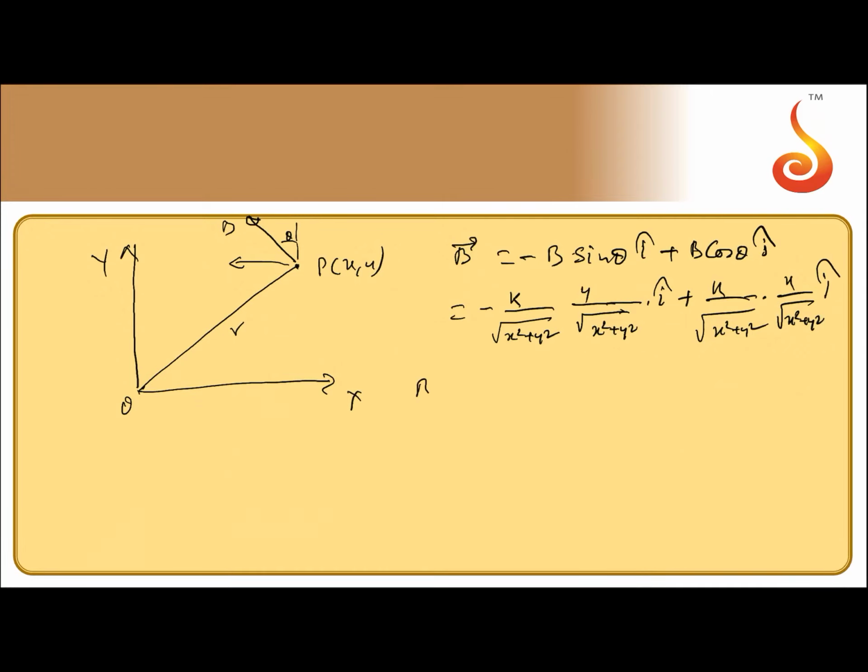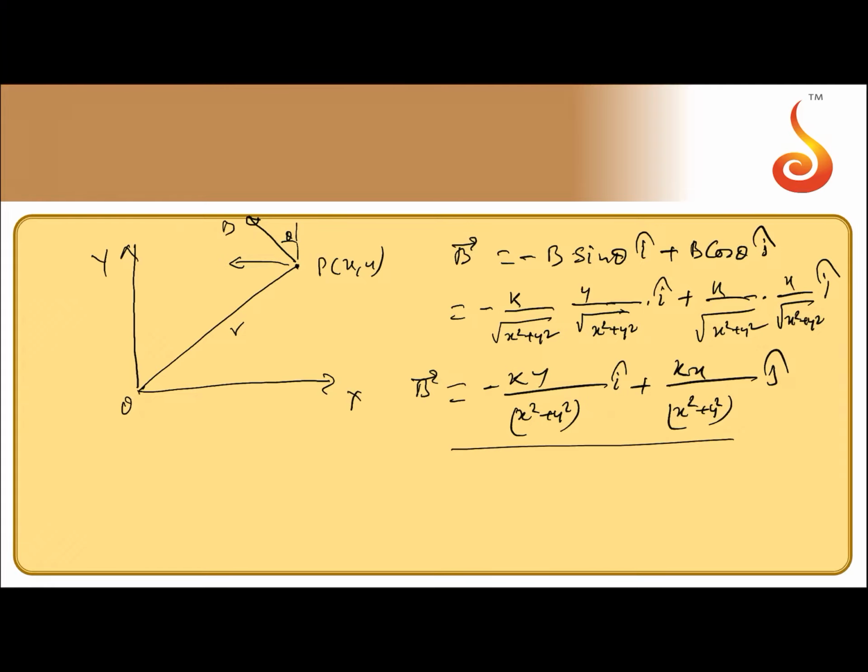So this B can be written as minus ky by x square plus y square i cap plus kx by x square plus y square j cap. So this is the required magnetic field in terms of the coordinates of the points.